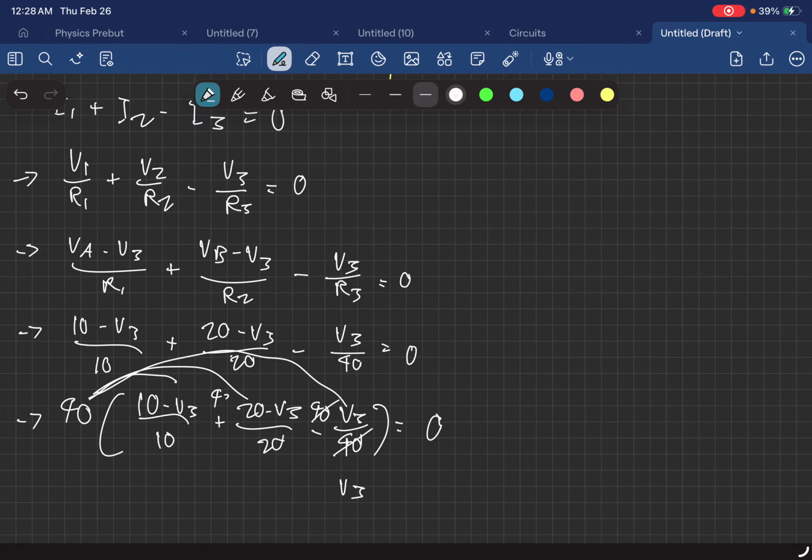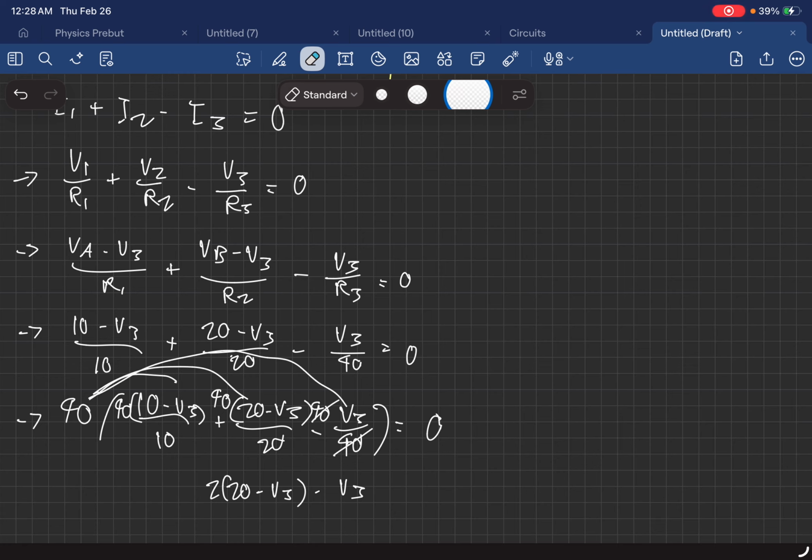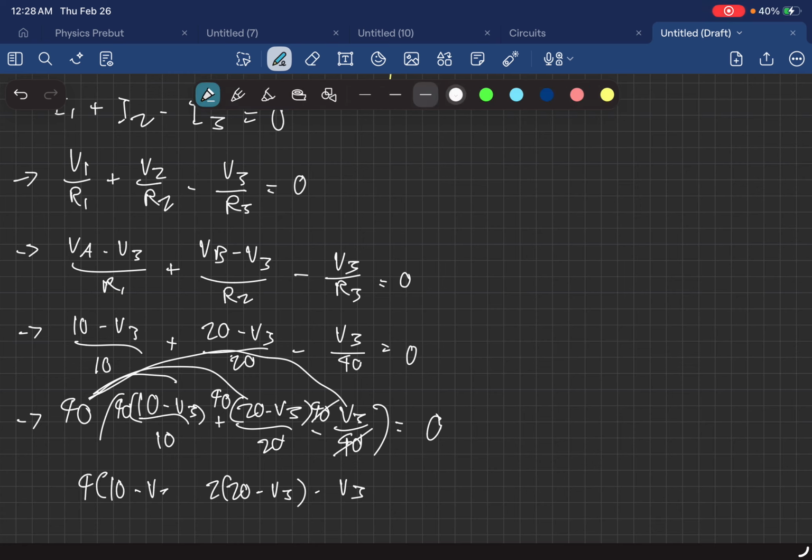Then 40 over 20, that's just 2, so minus 2 times 20 minus V3. And then 40 over 10, that's 4, so 4 times 10 minus V3.